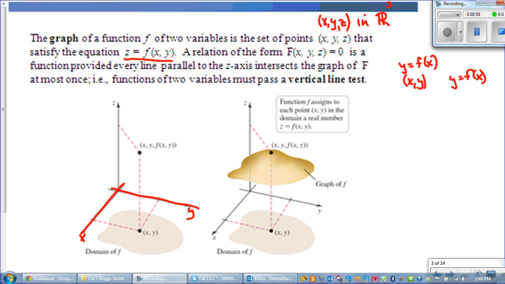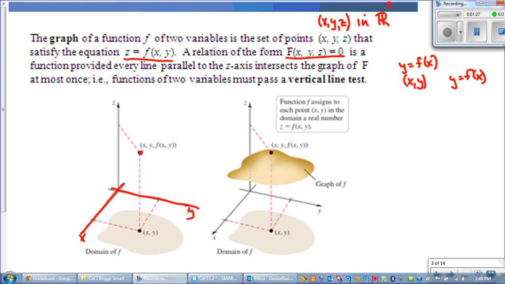So here's our domain. For each point in the xy plane that's in the domain of the function, there will be some z value up here corresponding to it. So for each (x, y), there should be a unique z if this actually is a function. If you have the equation written in this implicit form, that's not function notation.